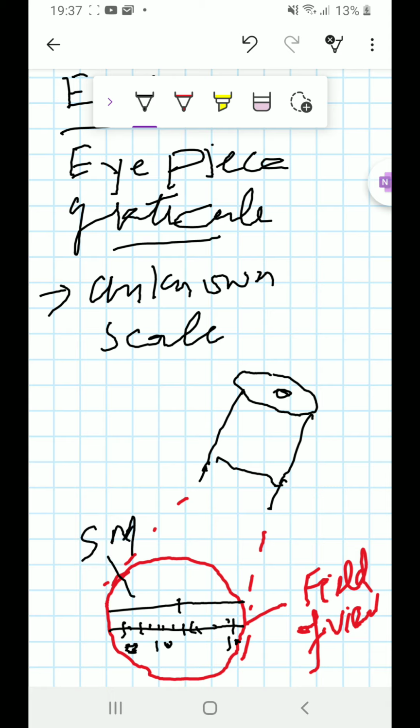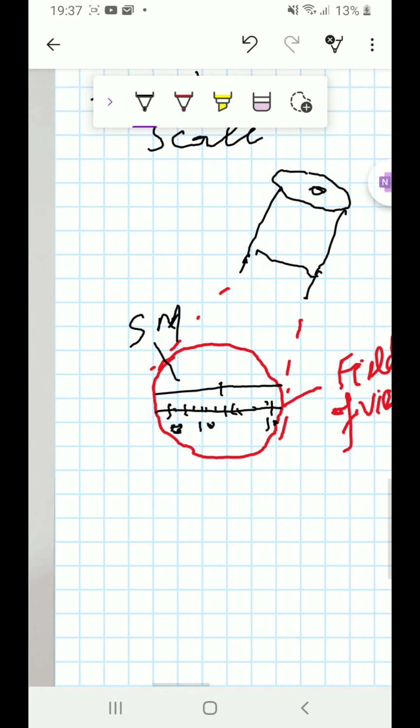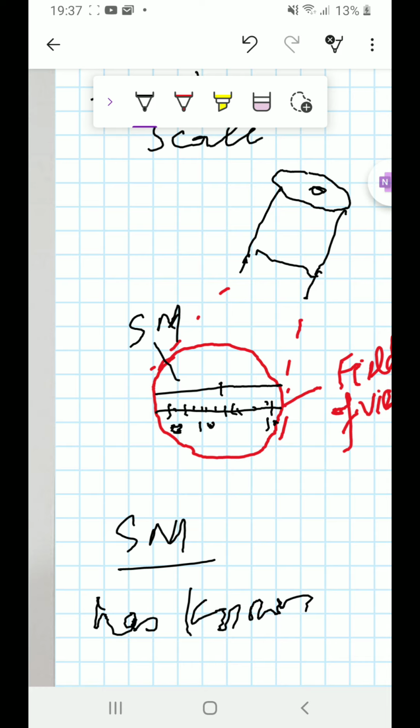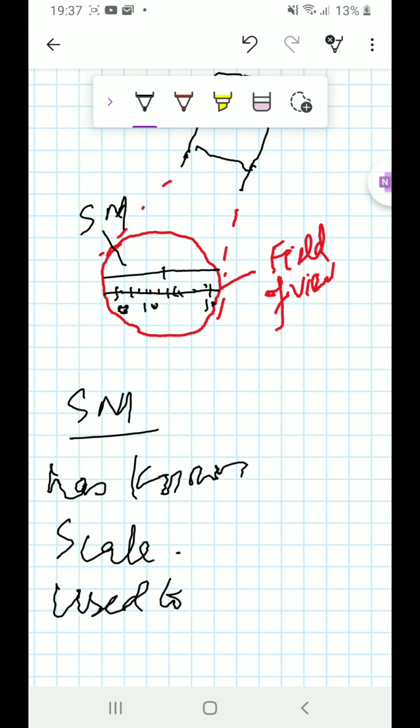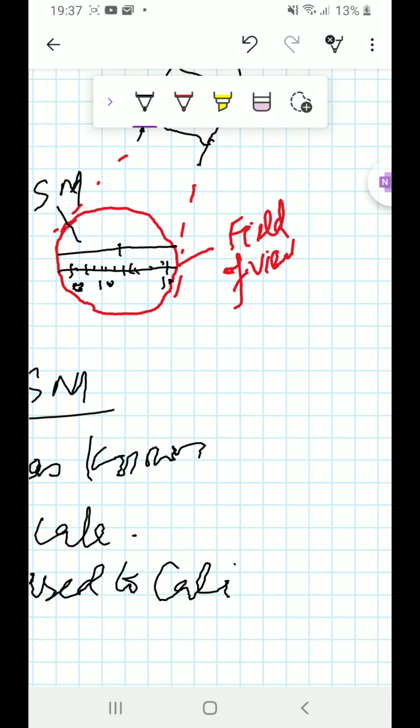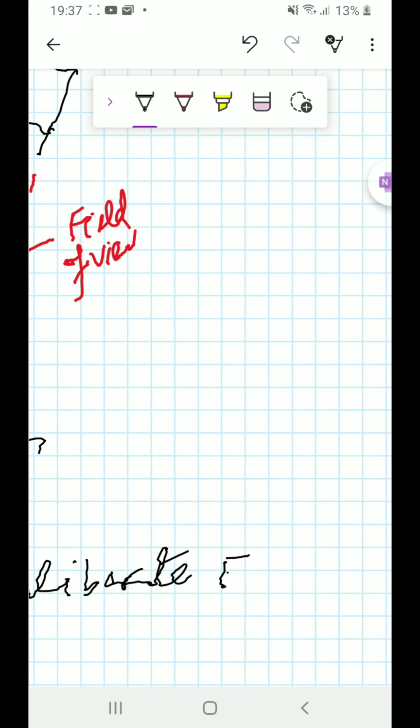So we use an SM to calibrate. SM, any stage micrometer or slide micrometer, has a known scale, and it is used to calibrate an EPG.